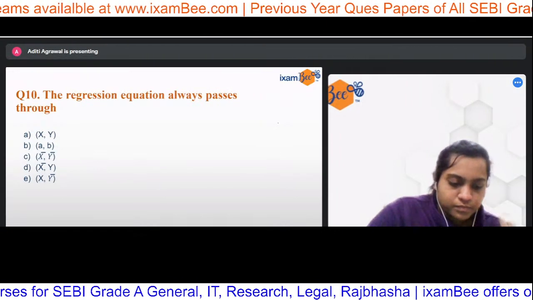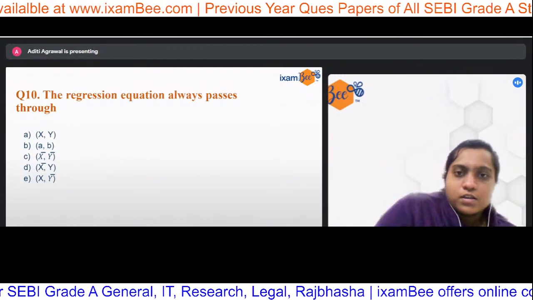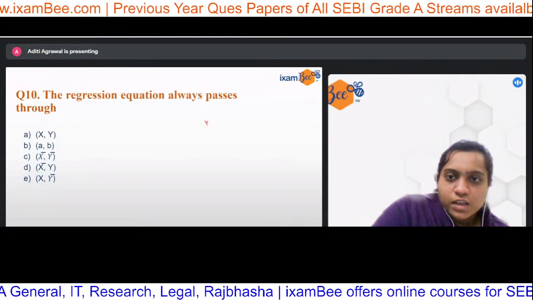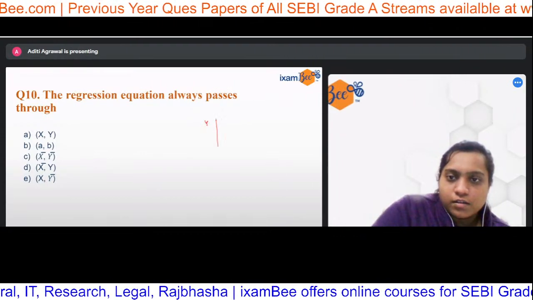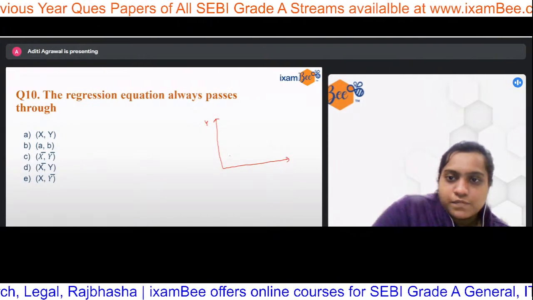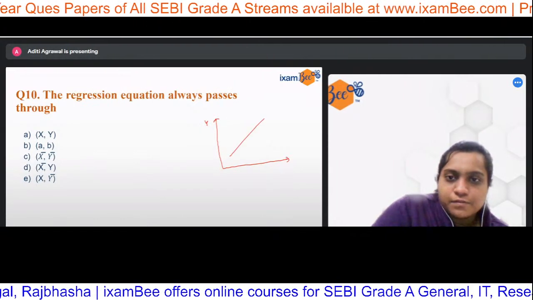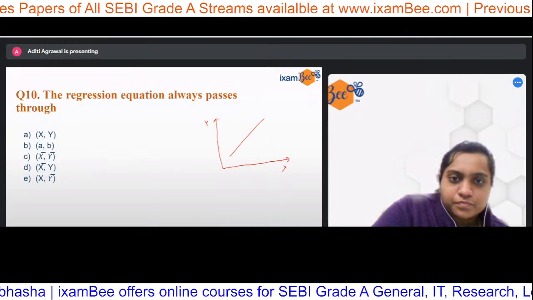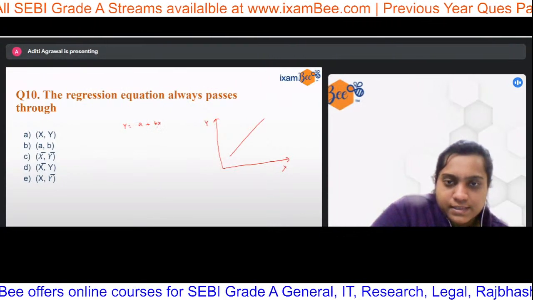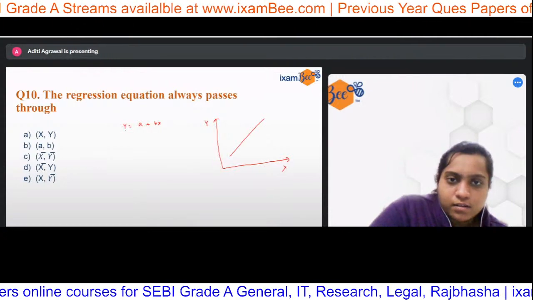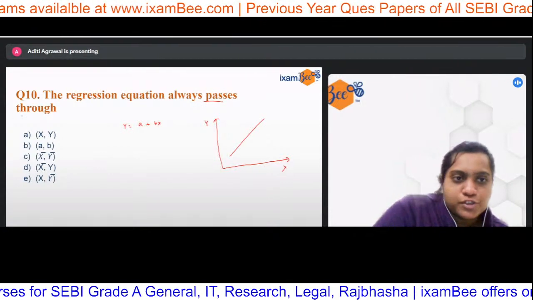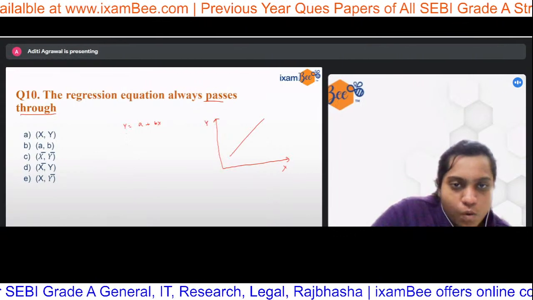So let's say this is the regression line, and my regression equation is y is equal to a plus bx, right? Now, how do I know which is the point through which it will always pass?